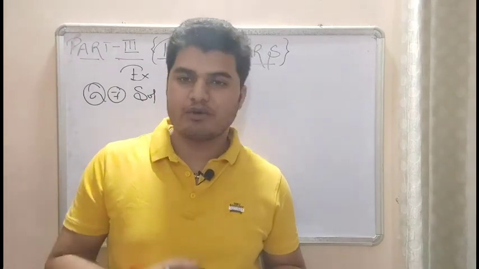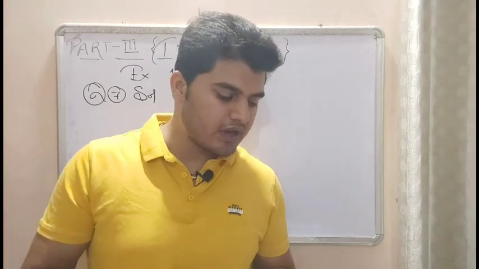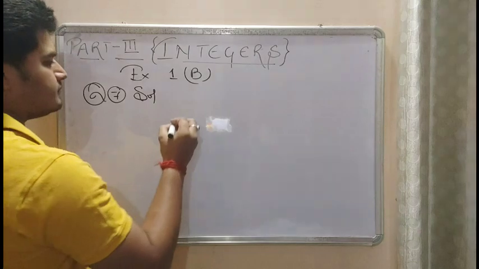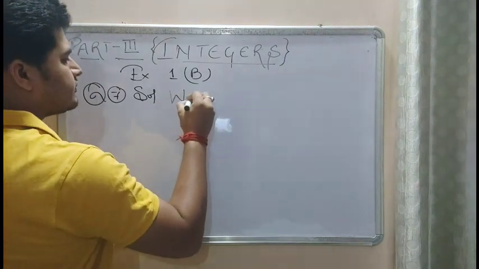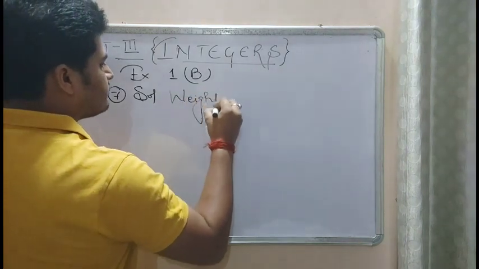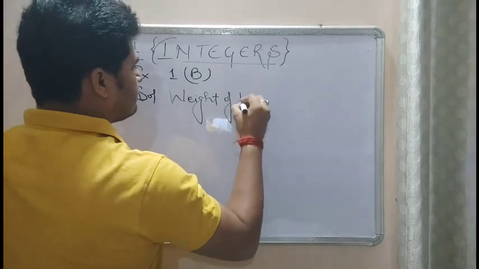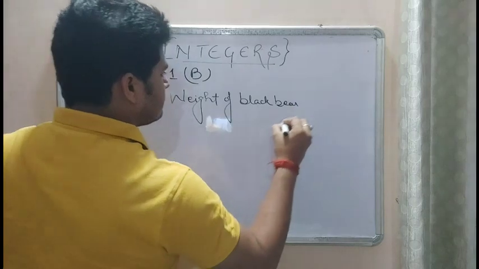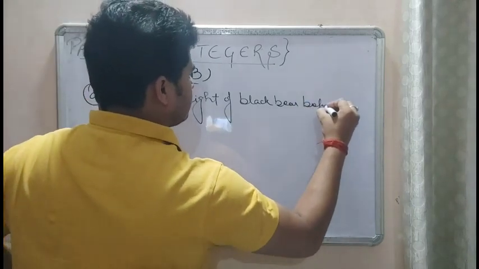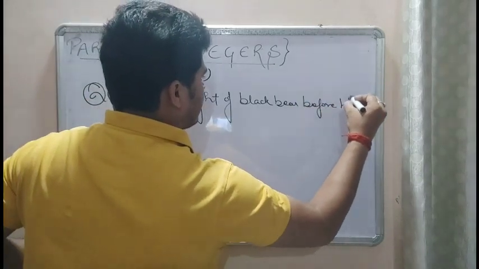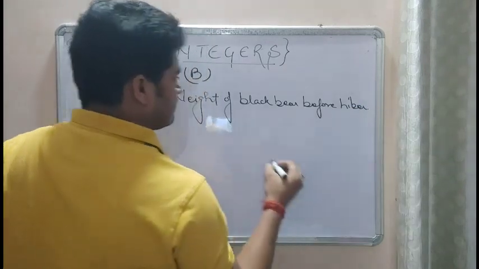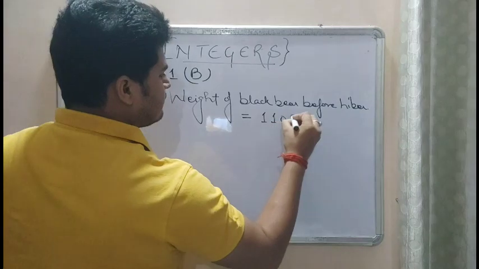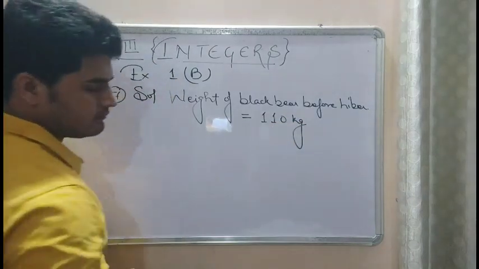So we have to write an expression for this, and we have to calculate how much she weighs after the hibernation. So the weight of the black bear before hibernation is 110 kg.